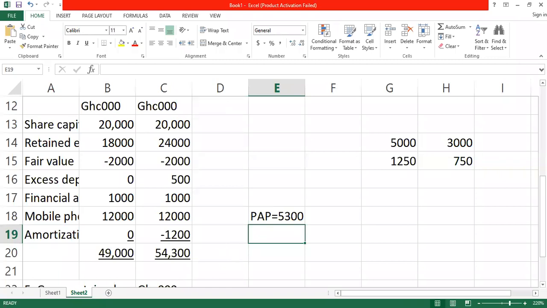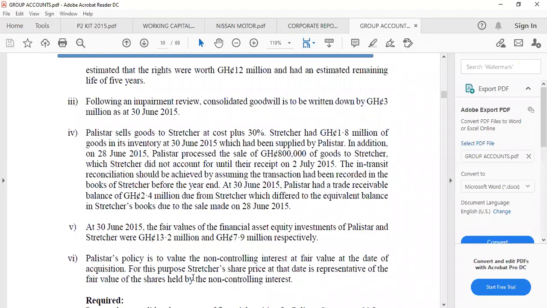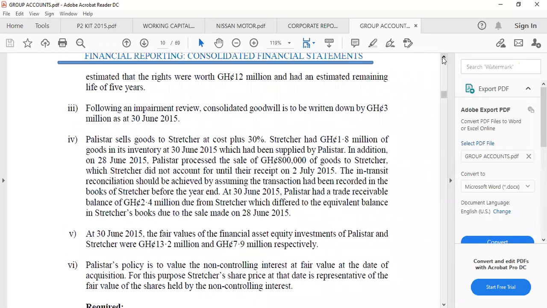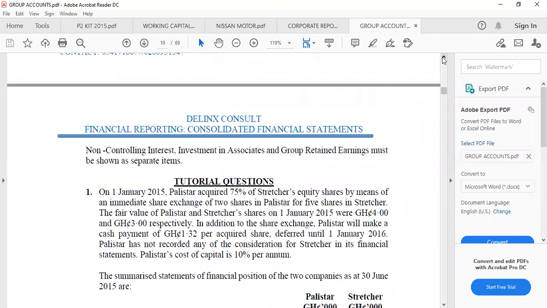Okay, so what are they saying? They are saying that it is a policy of the parent to value the non-controlling interest at fair value at the date of acquisition. For this purpose, the Stretcher share price at that date is representative of the share price of the non-controlling interest. What is the share price of the Stretcher?